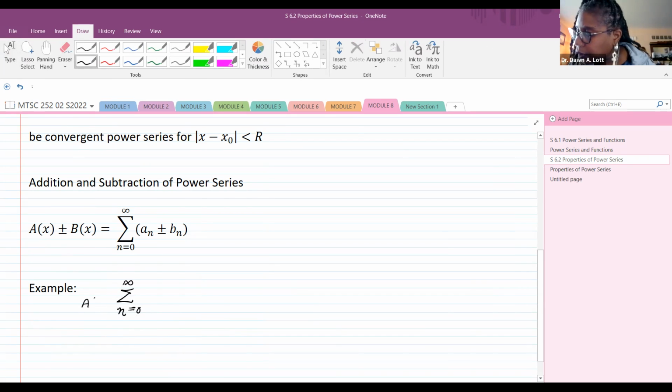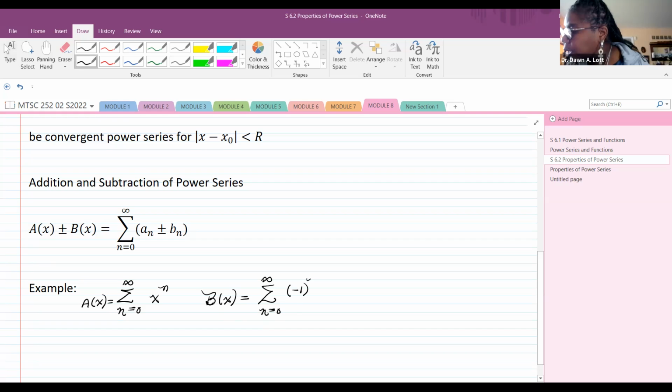So this is going to be a of x, and that's going to be x to the n. And then b of x is the sum n equals 0 to infinity of minus 1 to the n x to the 2n over n factorial.